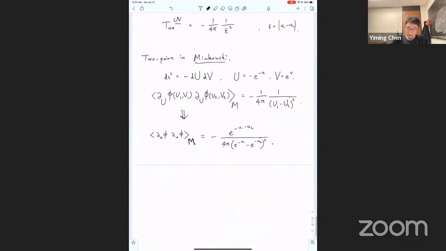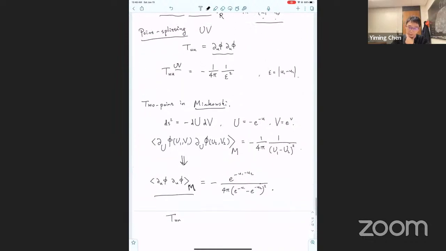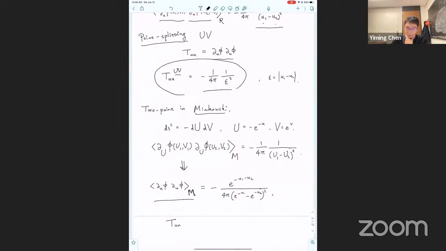So as I said, this is the 2-point function in the Minkowski vacuum. When we naively take the two operators together, we get a divergent answer for T_uu. But as I argued, for a Rindler observer it is correct to subtract the UV divergence as given by this formula.